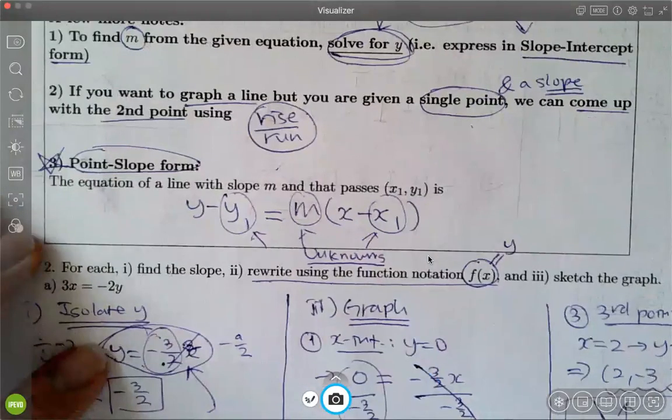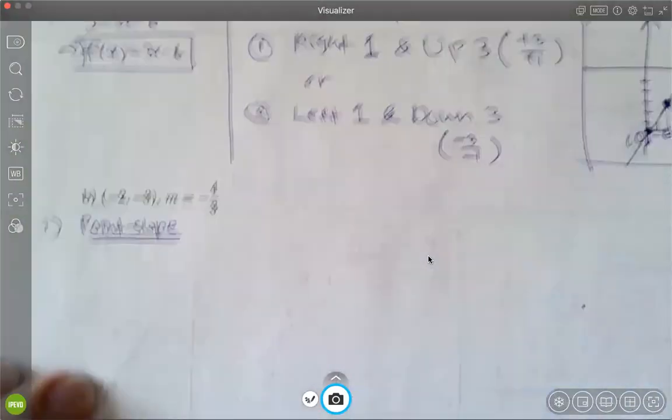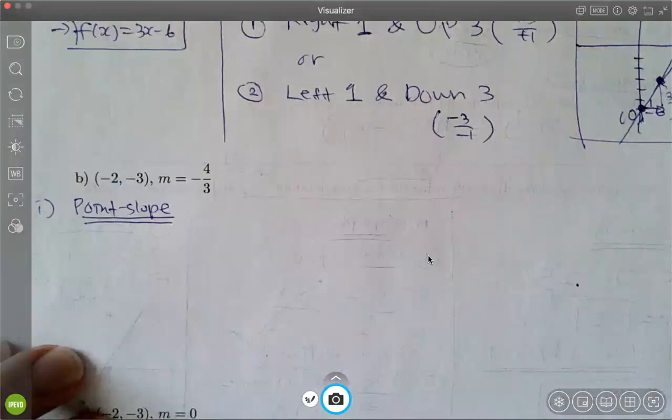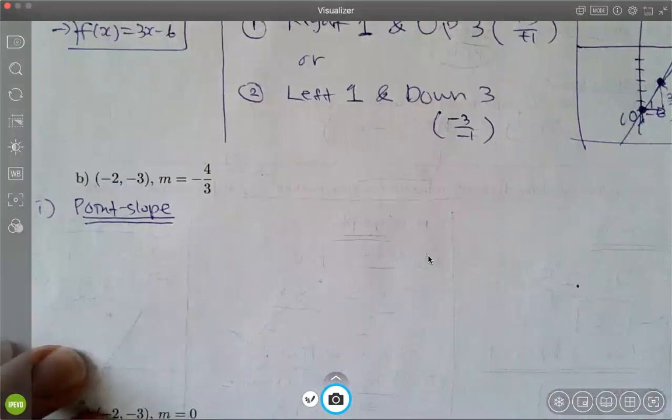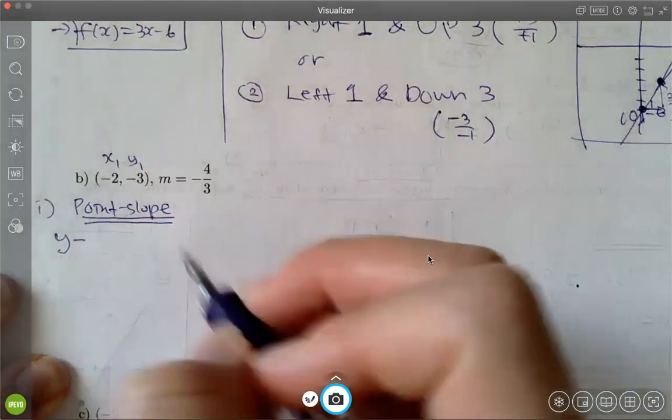What were the unknowns? X1, Y1, and M, right? In this problem, do we know X1, Y1, and M? Yes. That's X1 and that's Y1, and that's M. So Y minus Y1 means what?